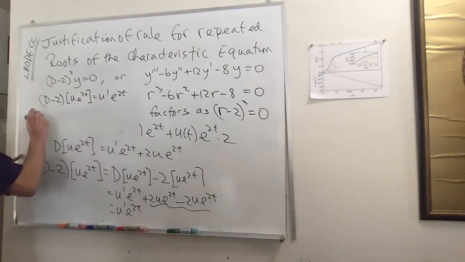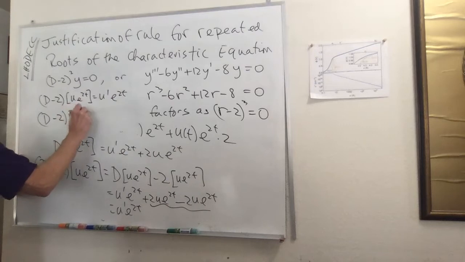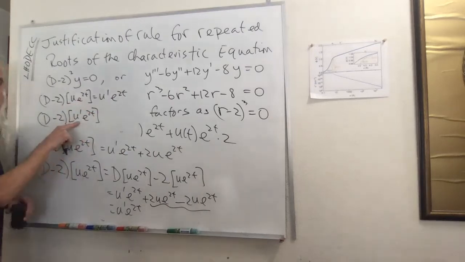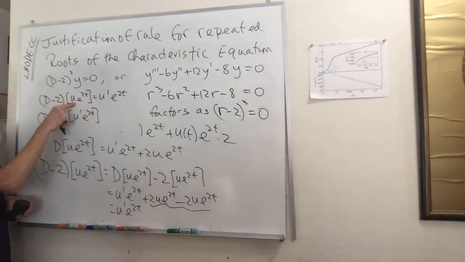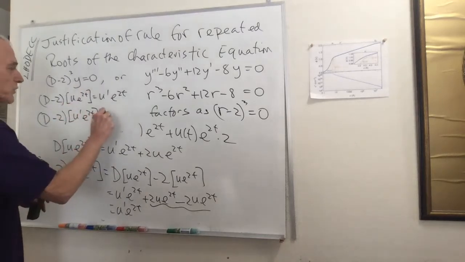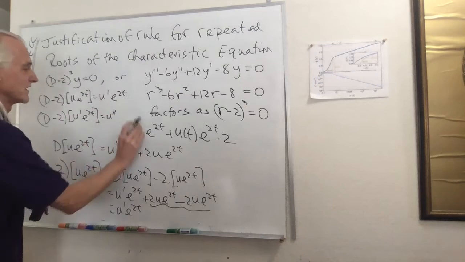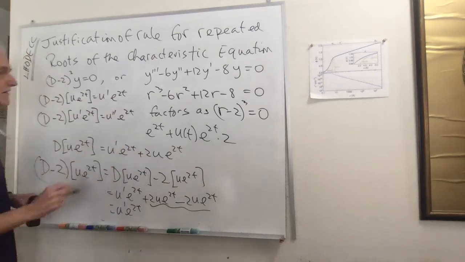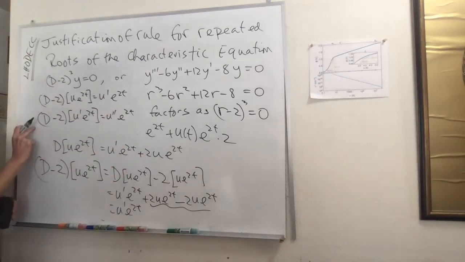Now, what happens if I act D minus 2 on u prime e to the 2t? This formula works for any function, including u prime. So I just get u double prime e to the 2t, right? This formula implies that.